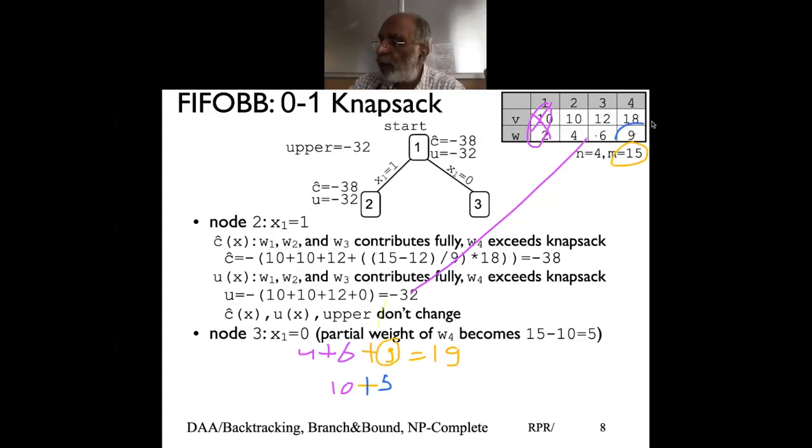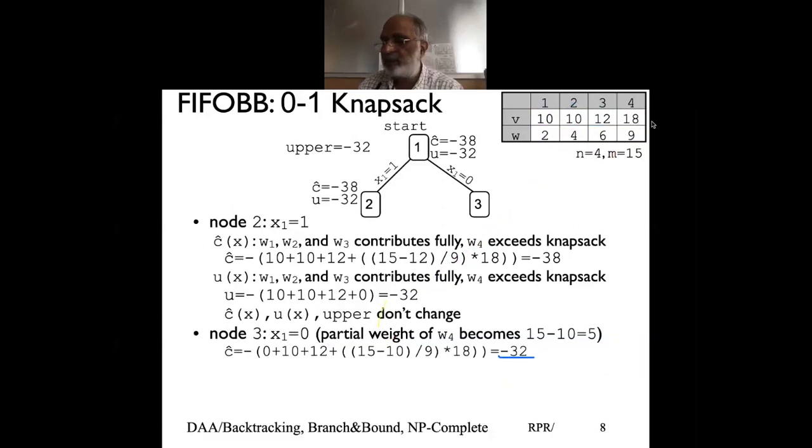So I include only 5 weight of this. When I include 5 weight of this, the value I'll get is 5 by 9 into 18, which is 10. So my value would be 10 from here, 12 from here, and 10 from here. So 10 plus 12 plus 10 becomes minus 32, and that is what my C hat x would be, minus 32.